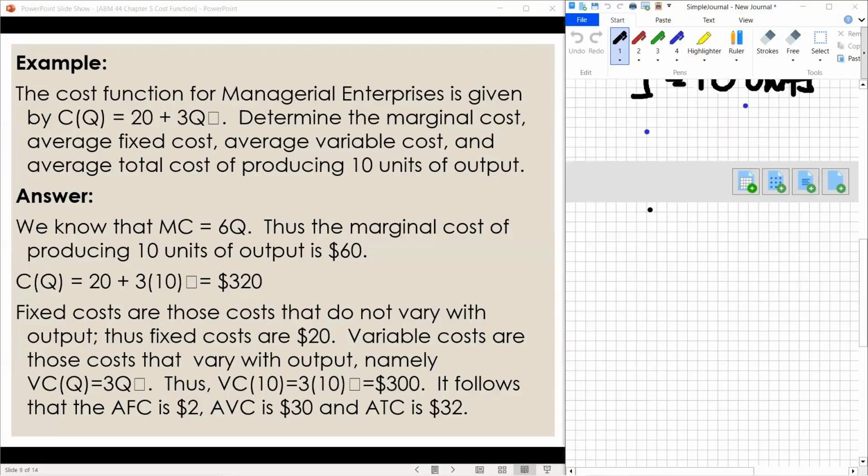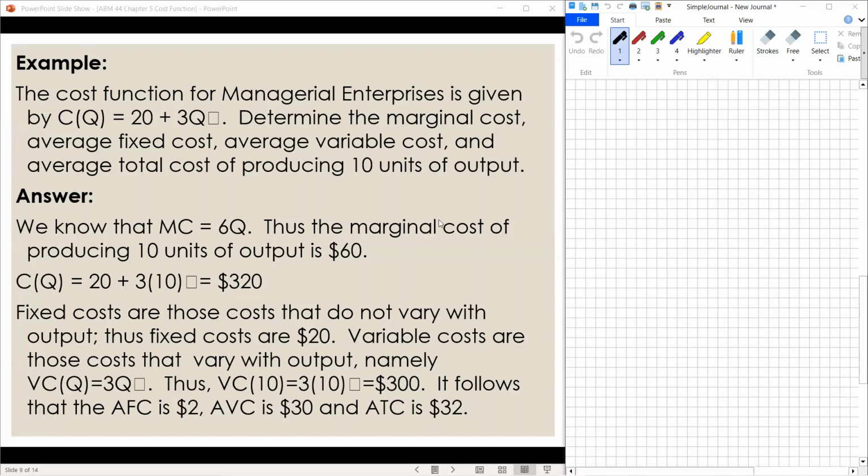Okay, so we have an example that the marginal cost is equals to 6Q. Thus, the marginal cost of producing 10 units of output is 60. So again, MC is equals to 6Q. So let's try to solve that one first.